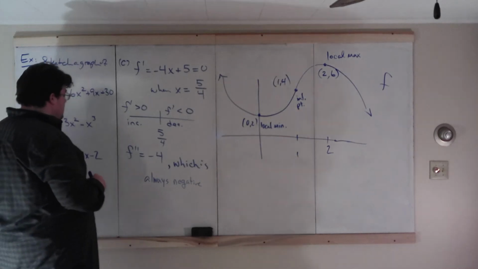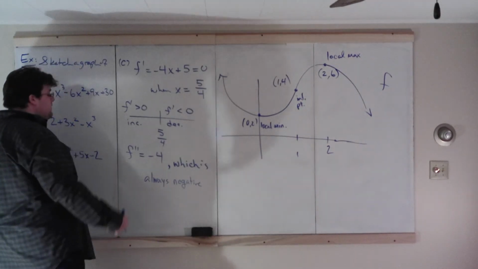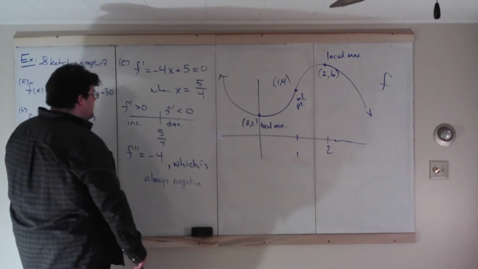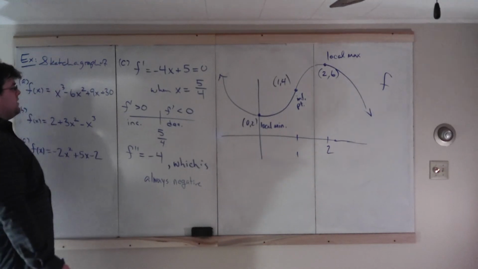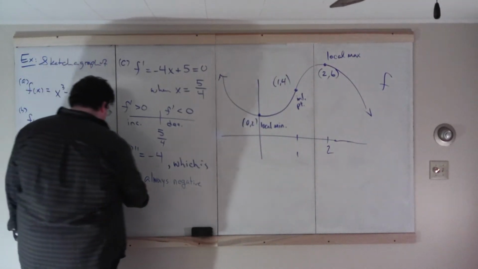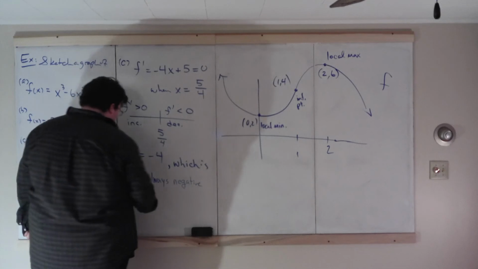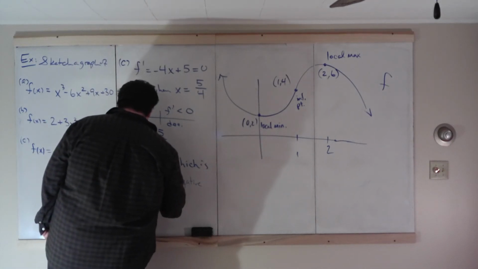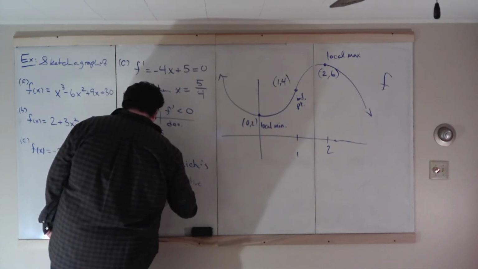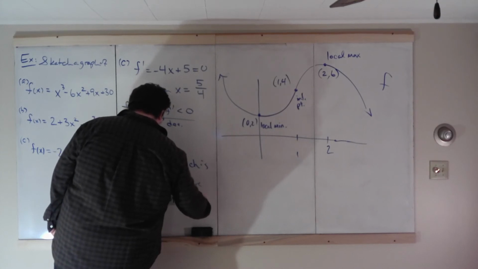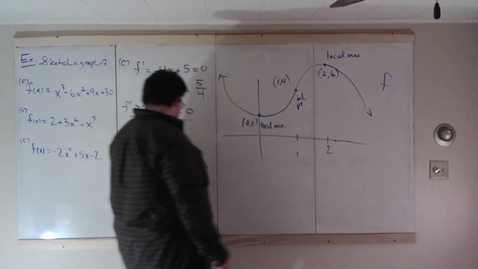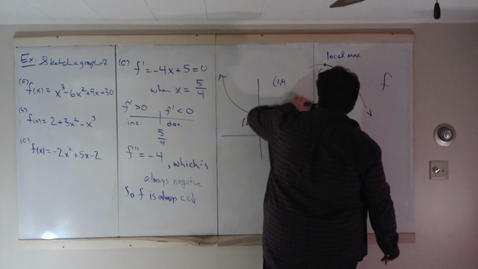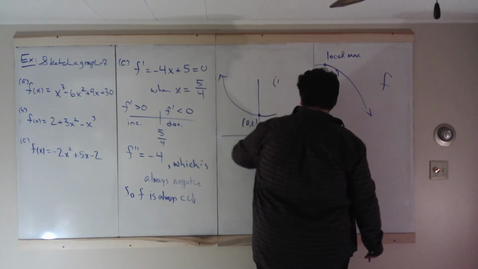I could have just written less than 0. But if the second derivative is always negative, what does that tell us? Well, it tells us something about concavity. So f is always concave down. And we're going to see what that looks like in this graph.